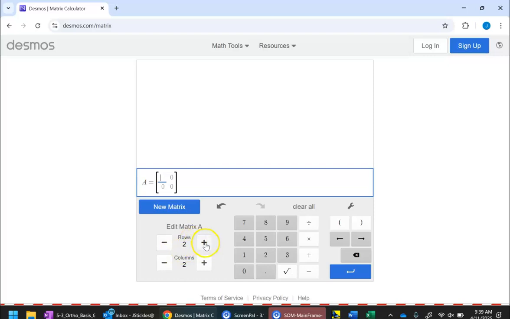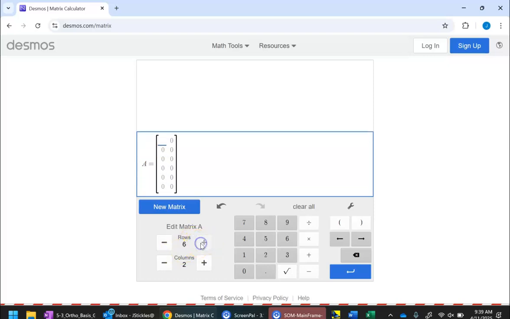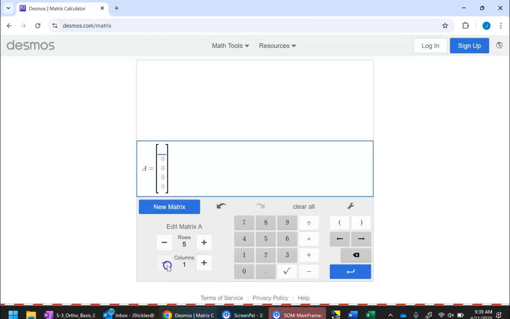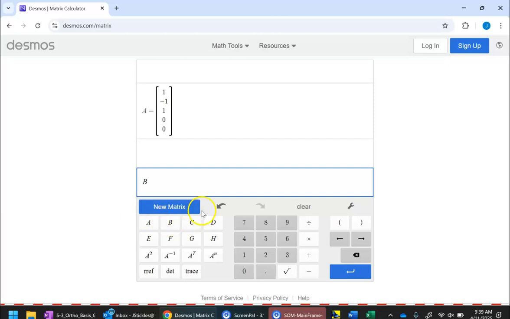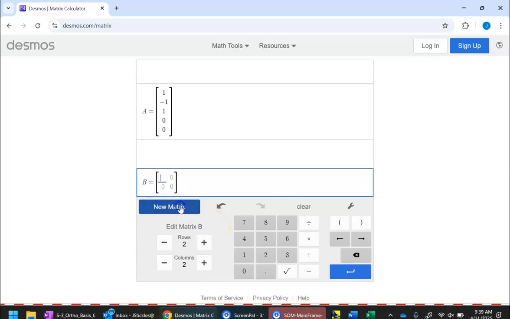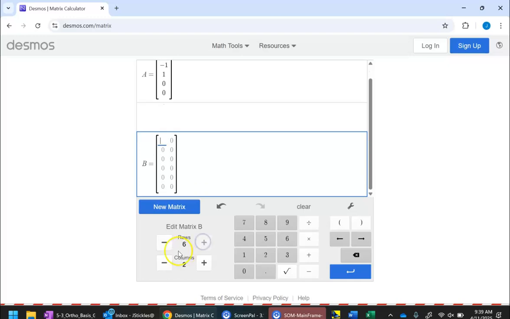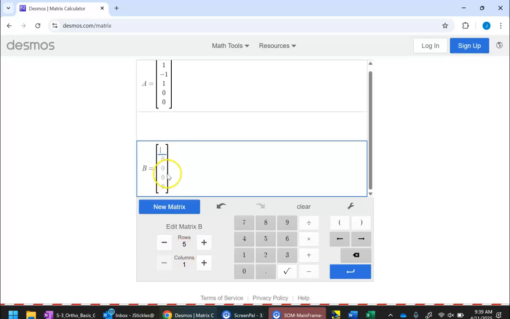Let me do a 5 by 1 this way. 5 by 1. Okay. What was it again? 1, 1, negative 1, 1, 0. Enter, and I'm going to put the other one in there too. So the other vector was negative 1, 0, 0, 0, 1.